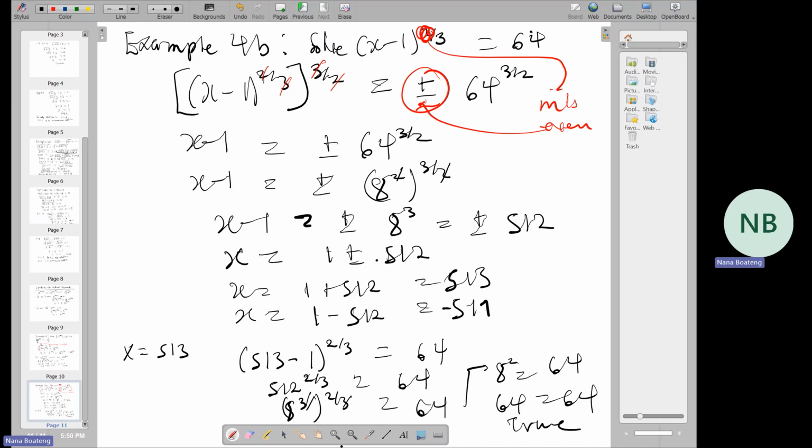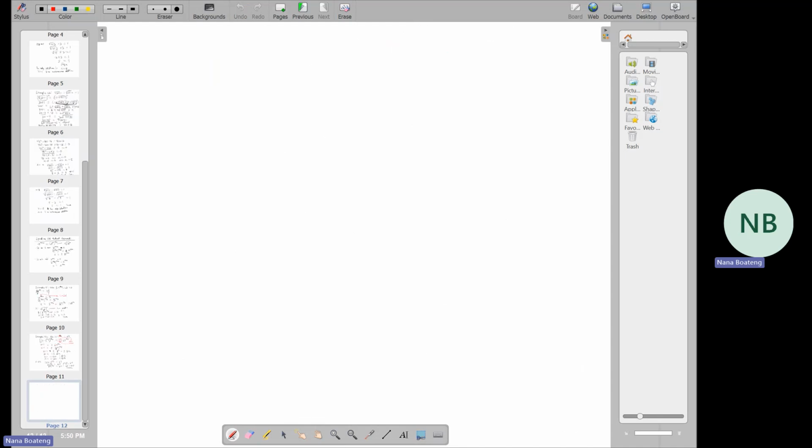Let's test for negative 511. So if x is equal to negative 511, we have negative 511 minus 1 power 2/3 is equal to 64. Okay, so negative 511 minus 1 is negative 512, so negative 512 power 2/3 is equal to 64.